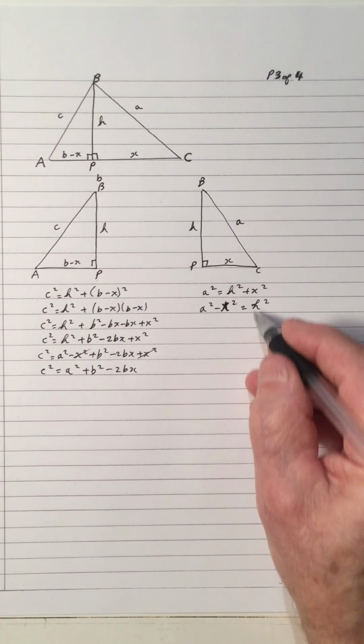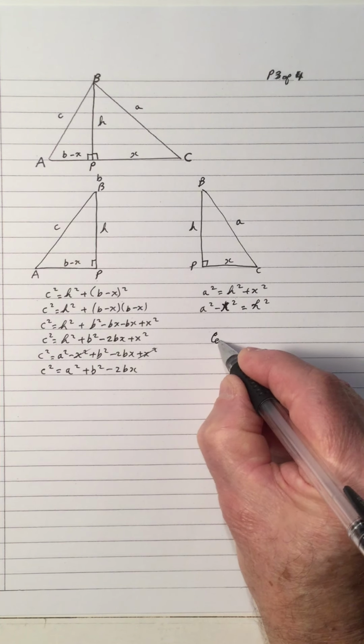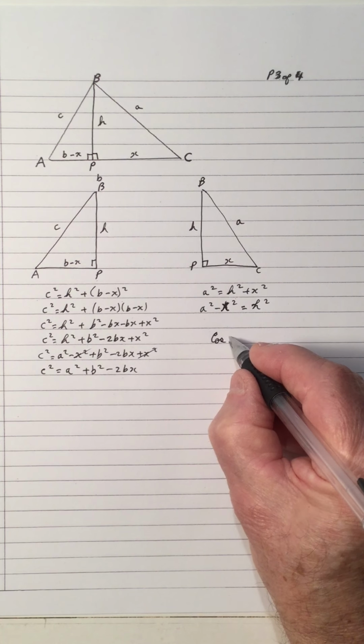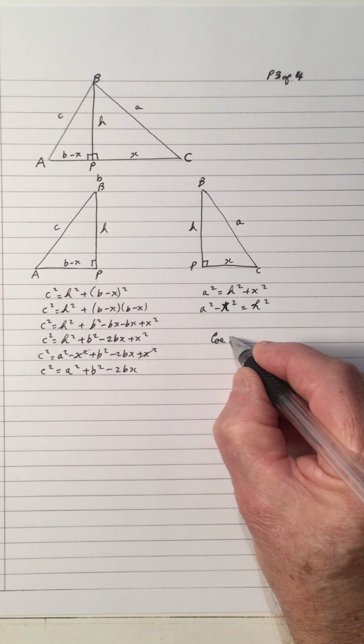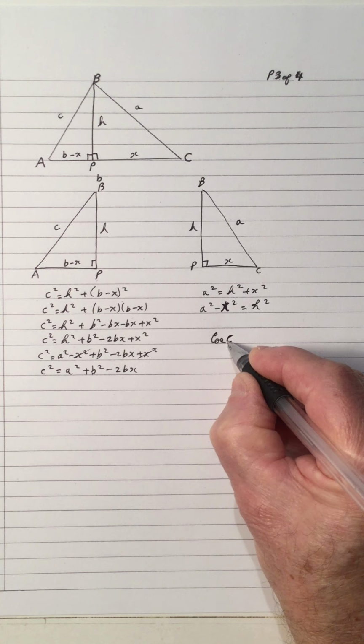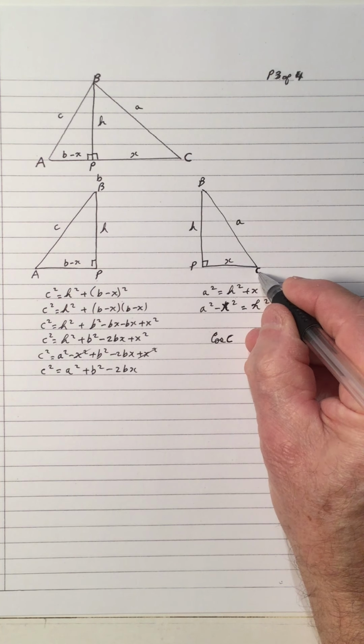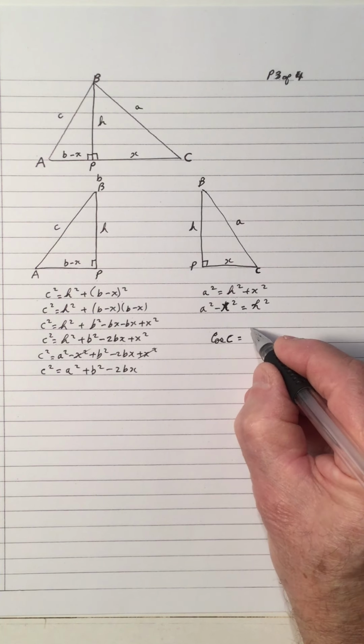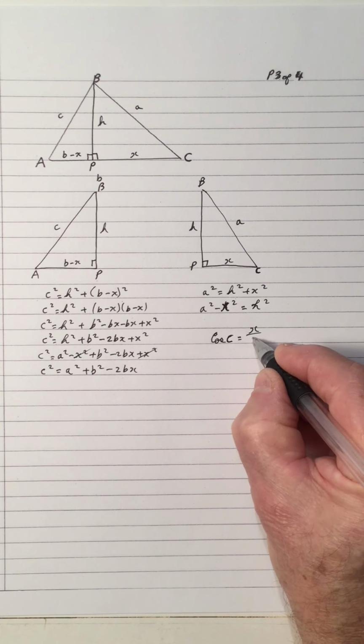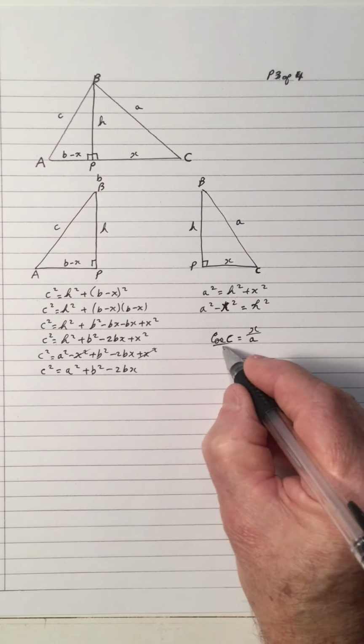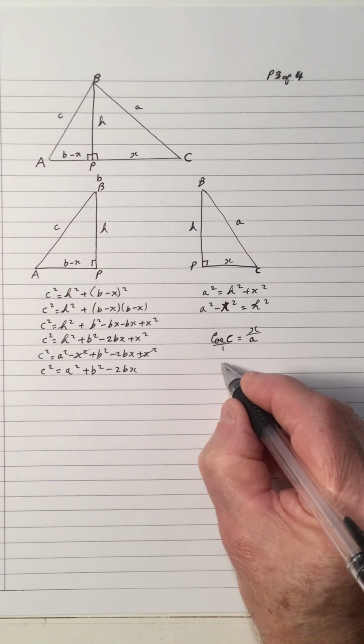Also, in this triangle, because it's a right triangle, we have the cos of angle C. Cos is the adjacent, which is x, over the hypotenuse, which is a. Put it over 1, so we cross multiply.